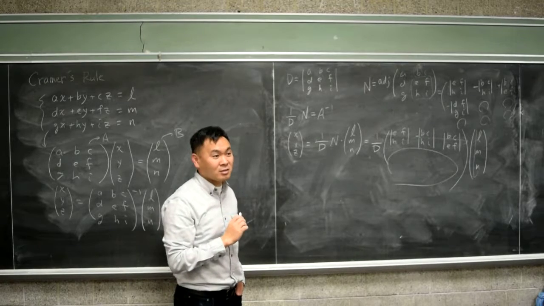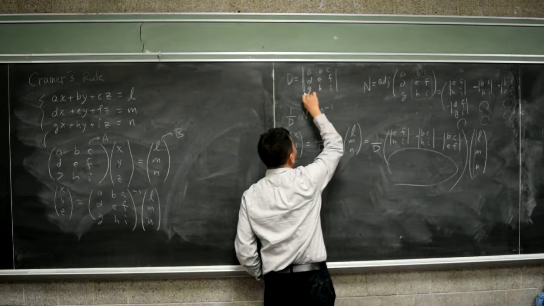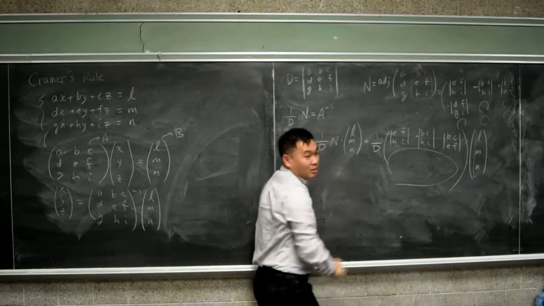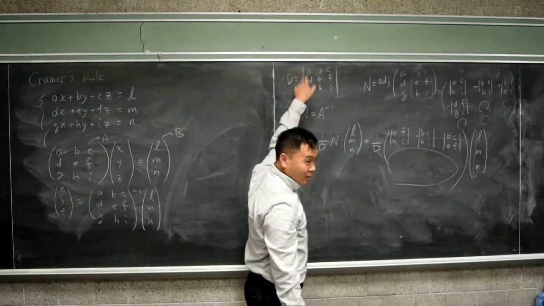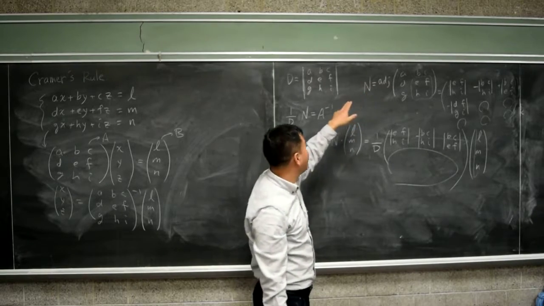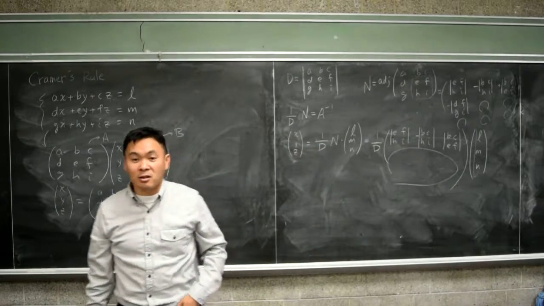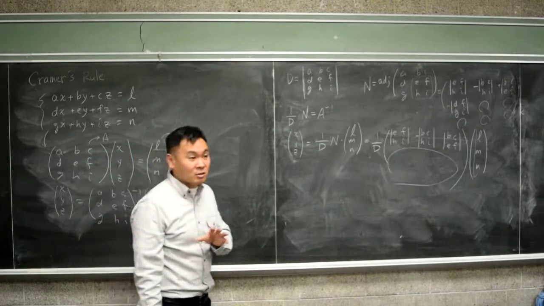You have to distinguish between a bar, which means the determinant of the matrix, and just parentheses, which means the matrix itself. That's a very important distinction.